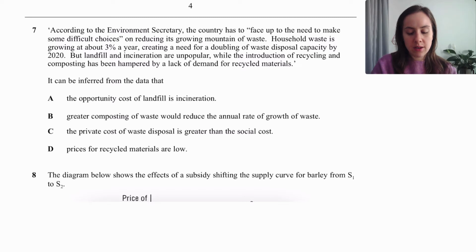So I don't think I heard anything about opportunity cost. Greater composting of waste would reduce the rate of growth of waste. Don't think they've said that. They just said that there needs to be more waste disposal.